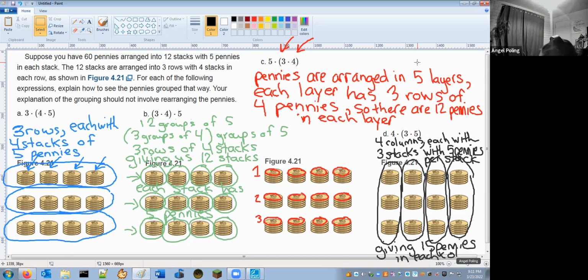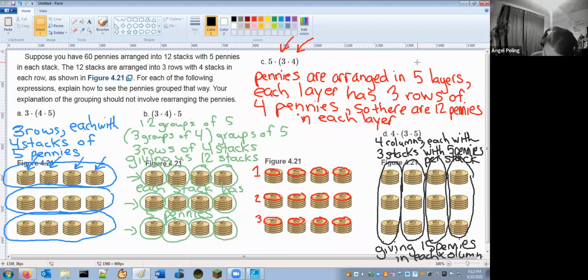That way we can tell the number of groups is the column, and then we broke down what the 15 was, but then we also gave the 15 so that it's 4 times 15, but also it's 4 times 3 times 5, right? And let's finish out the blue one as well.